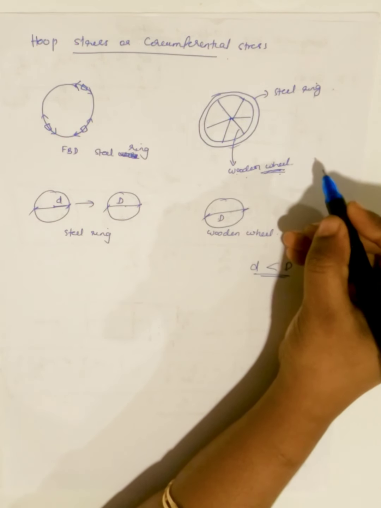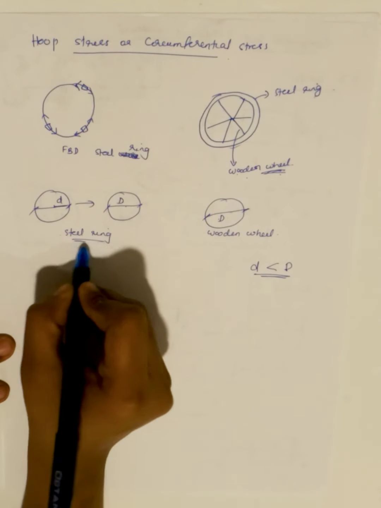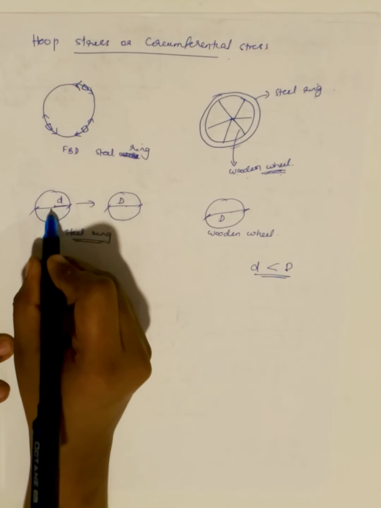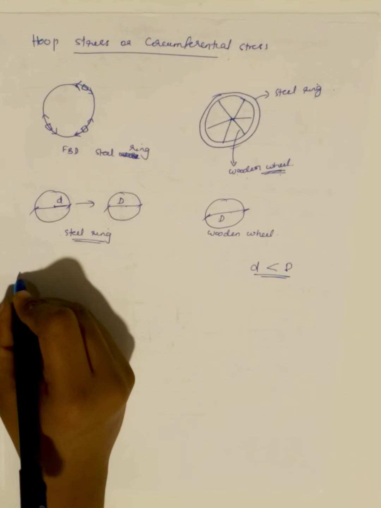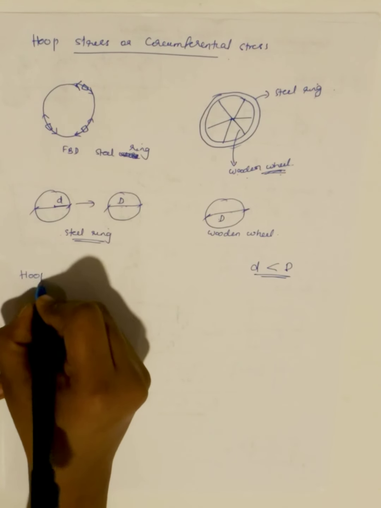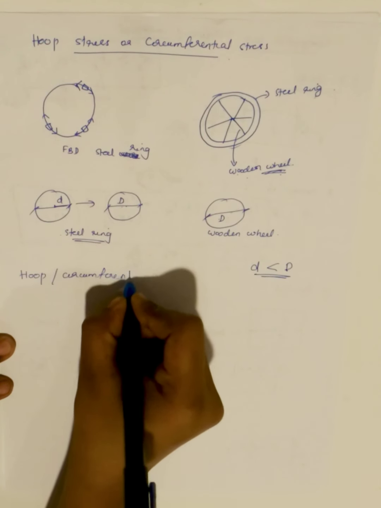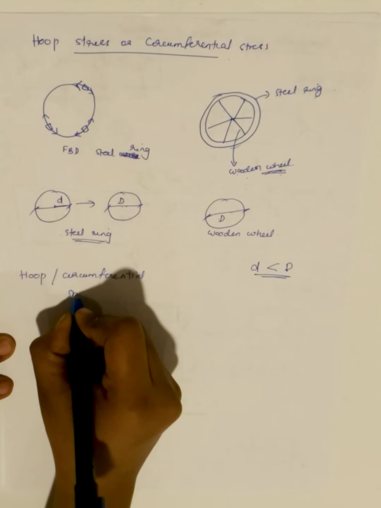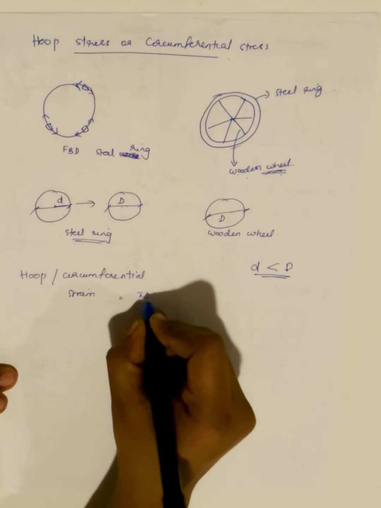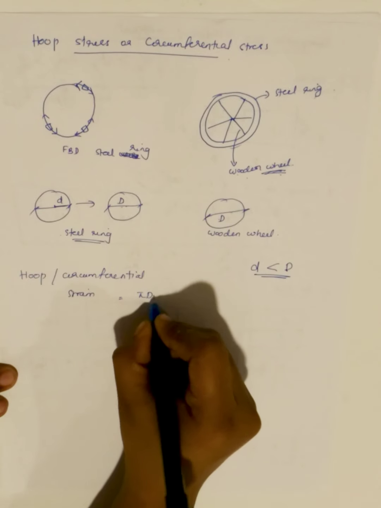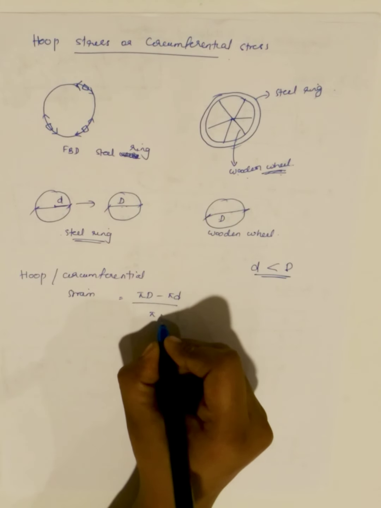So initially that was not fitting. Initially the steel ring was of small diameter d. Now it has to be changed to capital diameter D. Now what will be the hoop or circumferential strain? Circumferential strain is the change in circumference. Initially it was small d, then it changed to capital D, in delta L by L format.